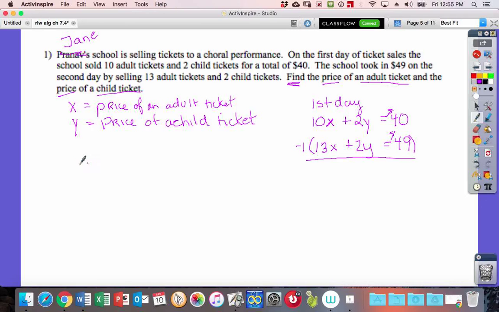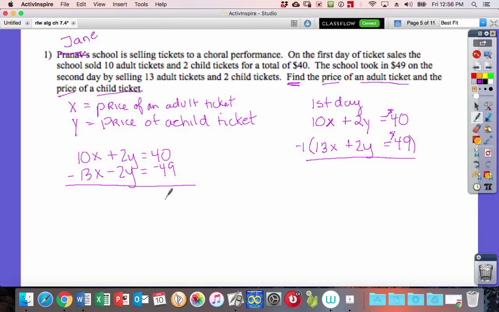So I'm going to come over here and rewrite them. I'm going to go 10x plus 2y is equal to 40. And then I'm going to distribute that -1 all the way across: -13x minus 2y equals -49.